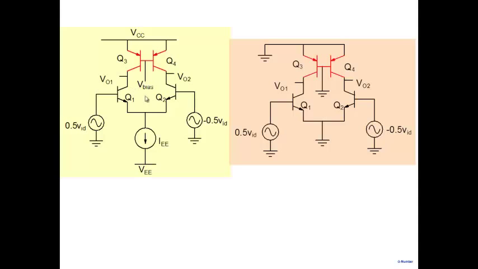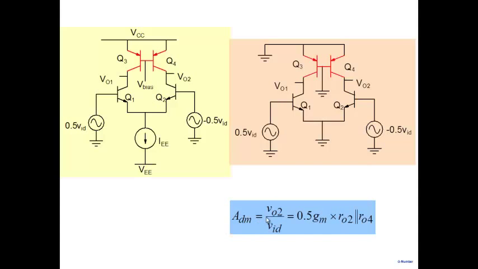Suppose I were to do the small signal analysis and find the gain of this particular stage. I'll not go into the details. What I would find is that the differential mode gain is 0.5 GM R02 parallel R04.